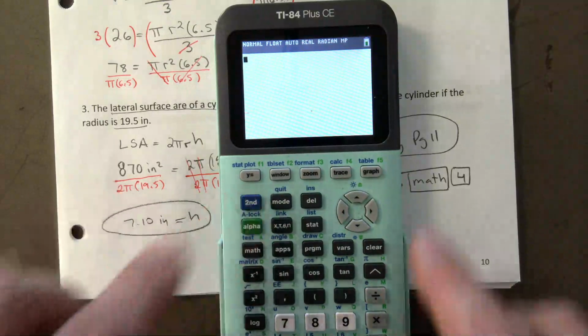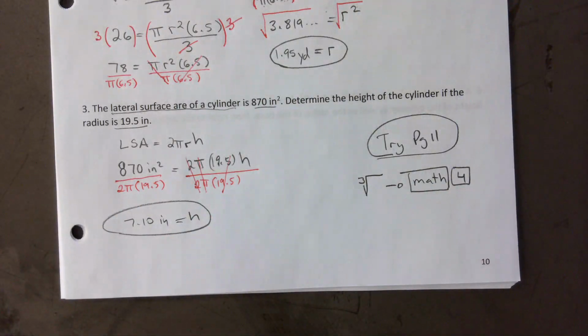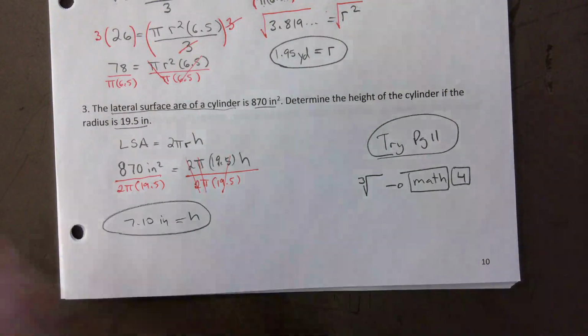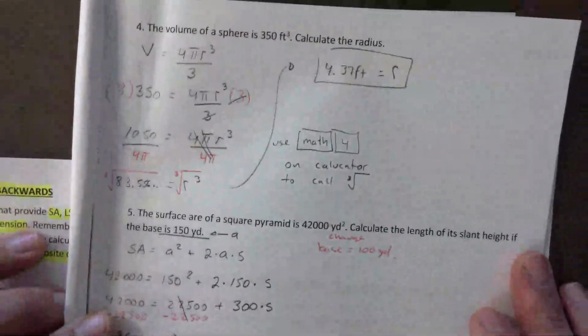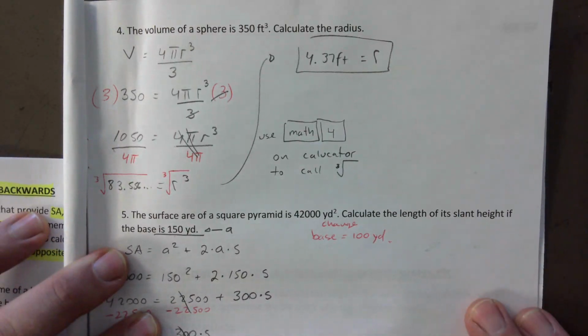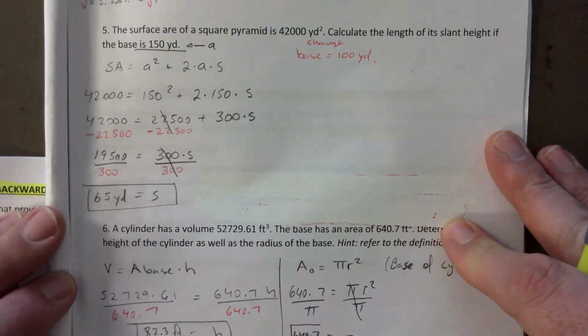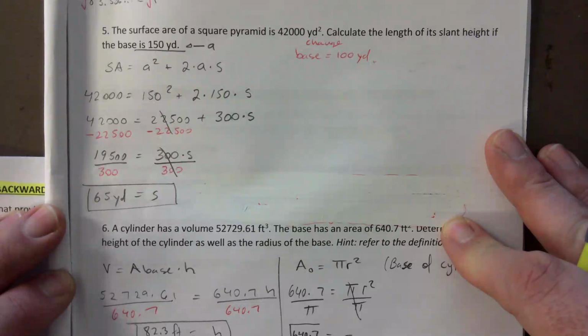Anyways, lots to learn. So I'm going to stop this there. I will just show you the answers, maybe, on this video if you don't want to go look at the key. There's a cube root required for number 4. There's a square-based pyramid.